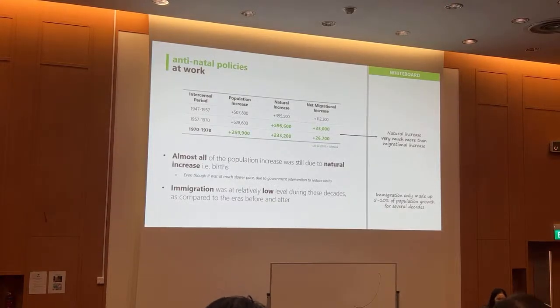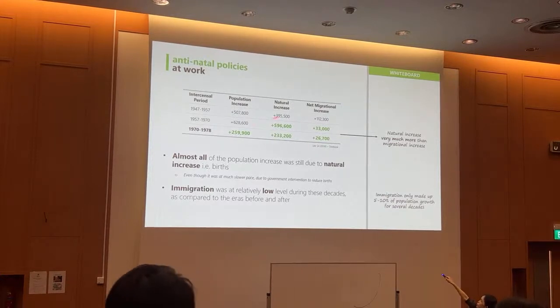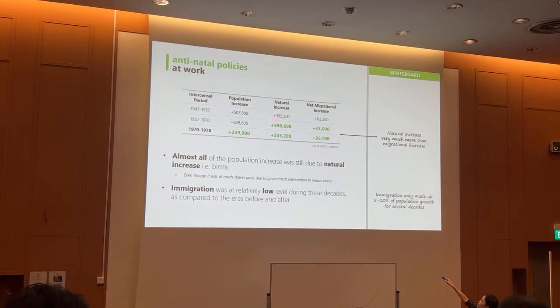The antenatal drive was quite successful to an extent, because you can really see a big reduction in births. From 596K to 233K, quite a big reduction. But 233K is still a very big number.